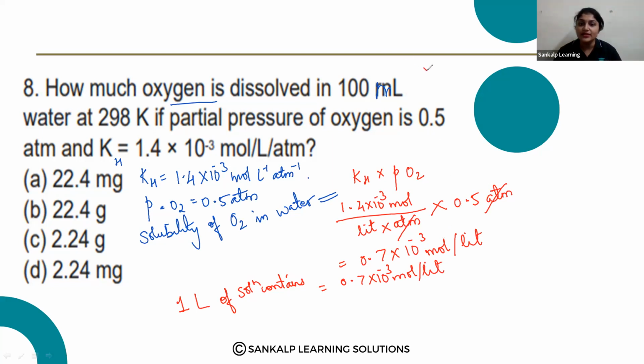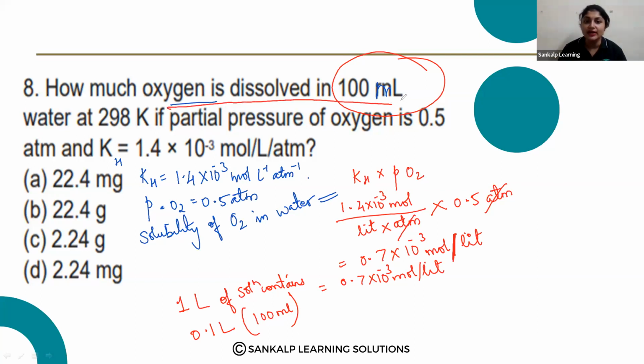They have asked for how much? They have asked for 100 ml. 100 ml means 0.1 liter. So we have calculated the solubility of oxygen in water per liter, that is for 1000 ml. They have asked for 100 ml.